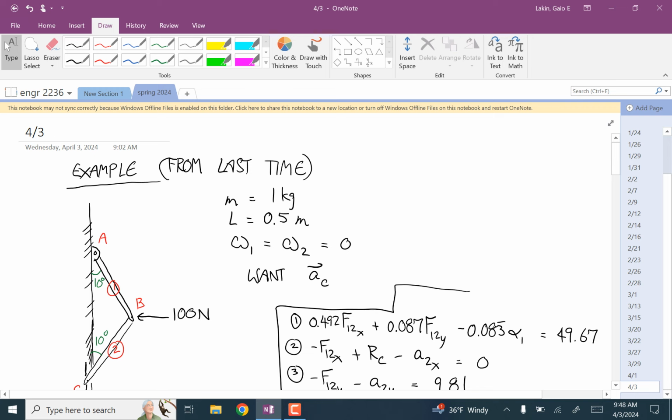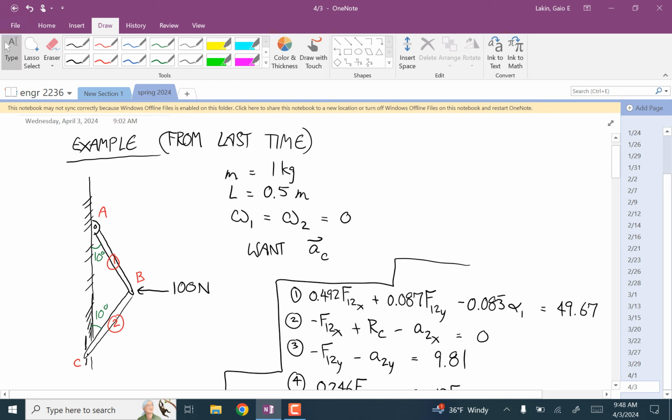But in some cases, like if you had a floppy thing that was connected at A, but this pin and slot joint wasn't there, so the end C just flapped around, then those two angular velocities could be anything. You can assign those totally independently. But notice they're not independent here, okay?